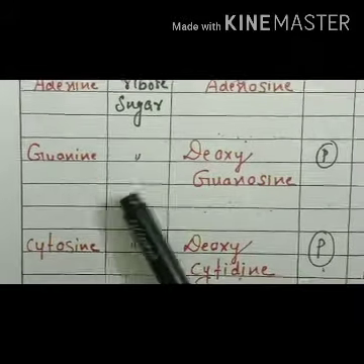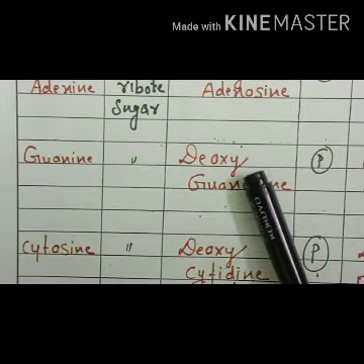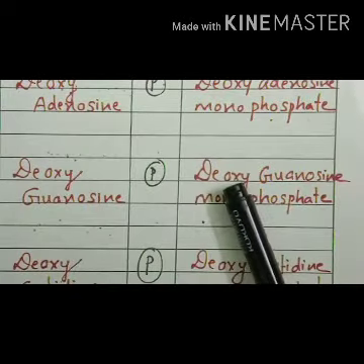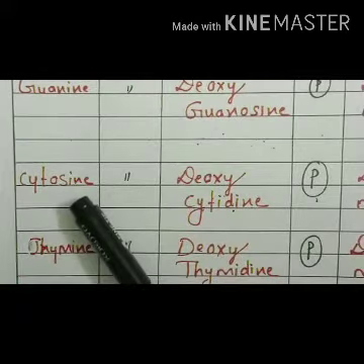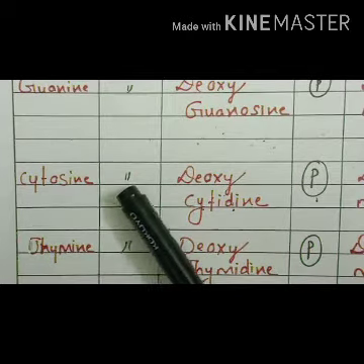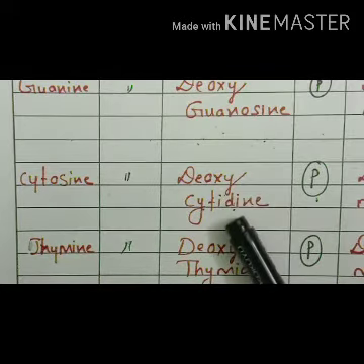Likewise, when guanine combines with the deoxyribose sugar, the nucleoside is deoxyguanosine. When it combines with the phosphate, the nucleotide is deoxyguanosine monophosphate. Cytosine, the other nitrogen base, combines with the deoxyribose sugar to form the nucleoside deoxycytidine.